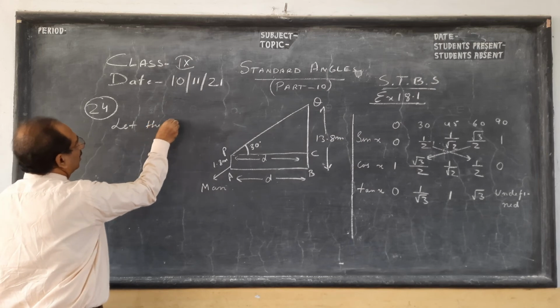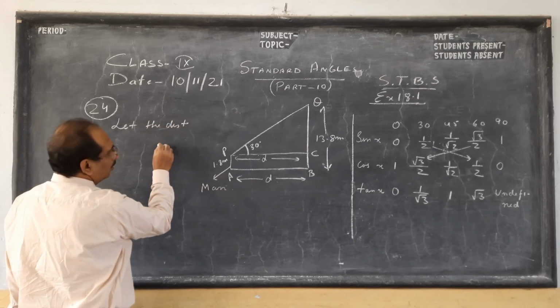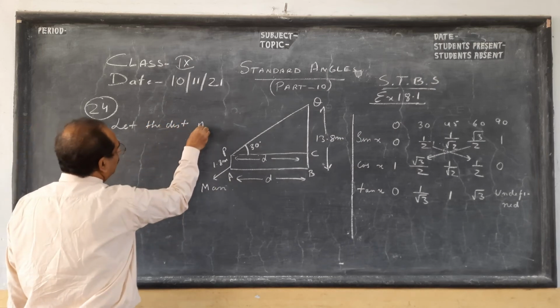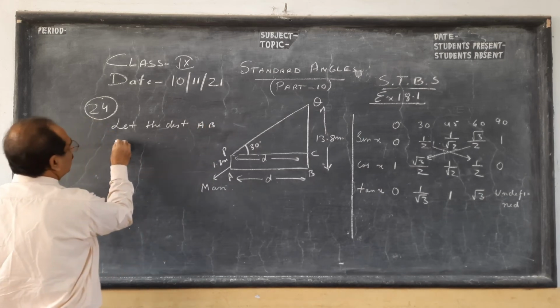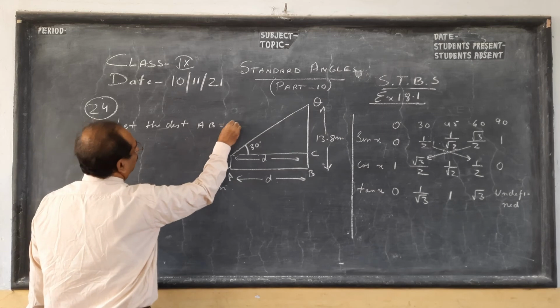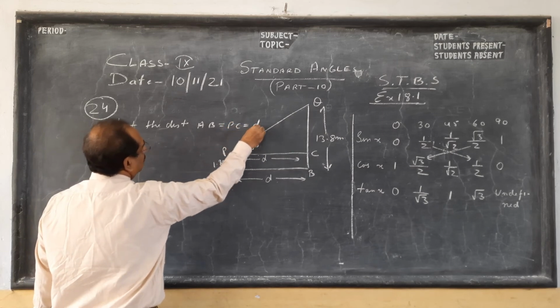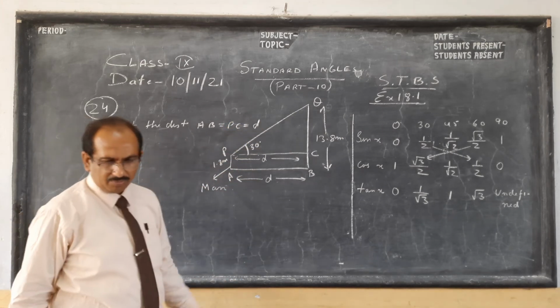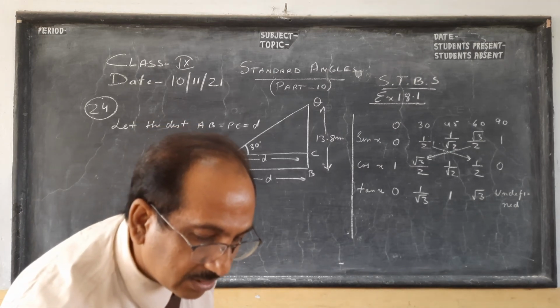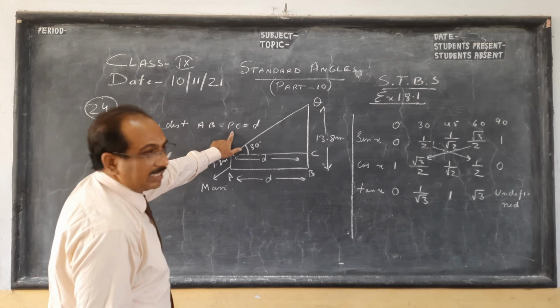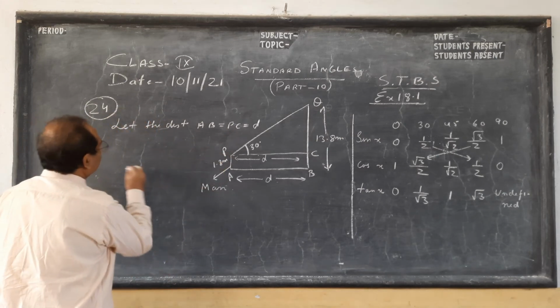AB, that is from the building, which is equal to PC, is equal to D. Means you can write in detail, distance of man from the building. This is what we have to find. Please write in detail. Now see how we use it.